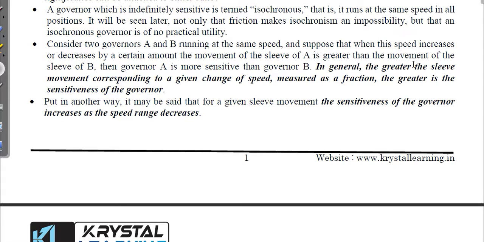So in general, the greater the sleeve movement corresponding to a given speed change measured as a fraction, greater is the sensitiveness of the governor. So from this we got to know, or in other words, we can say that the sensitiveness of the governor increases as the speed range decreases. They are inversely proportional, that is range of speed.